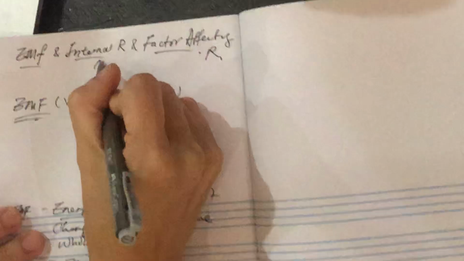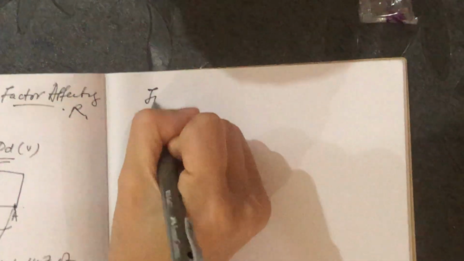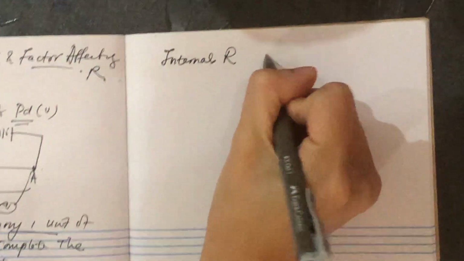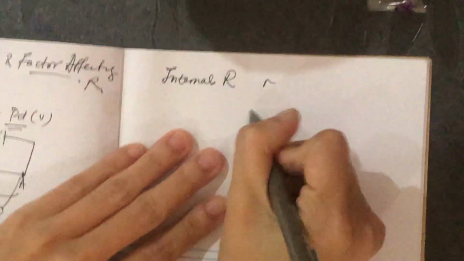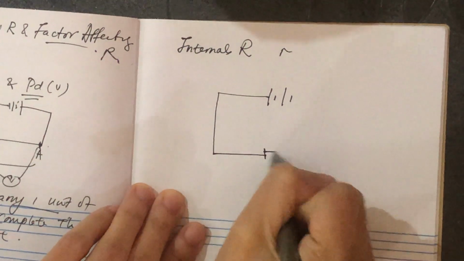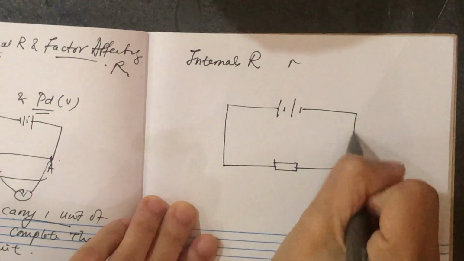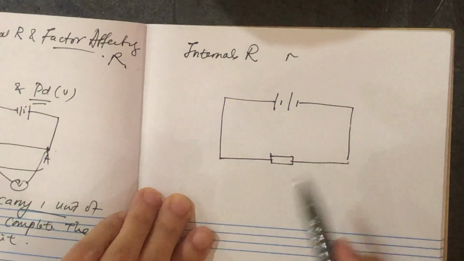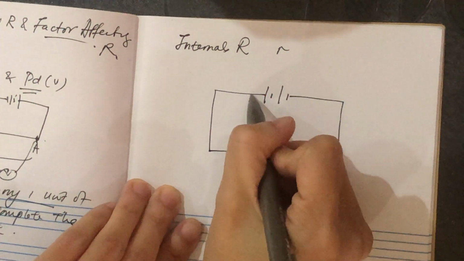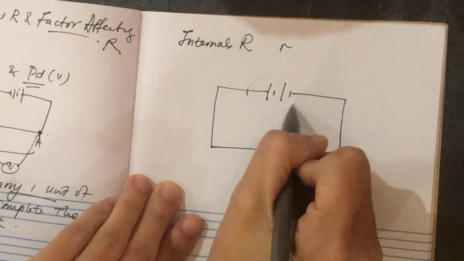Okay, now what is internal resistance? Internal resistance, normally we write it as a small r. So imagine that you have a battery. That battery cannot be resistance free, right? Sometimes a battery will get hotter, which means there is resistance in the battery itself.